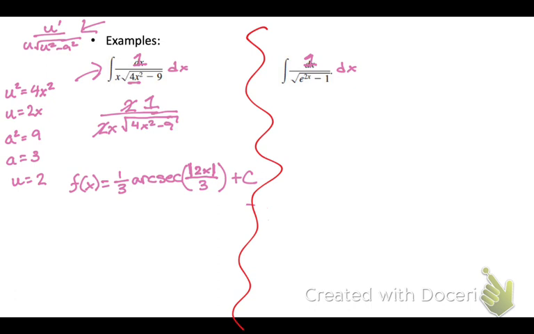Okay, so what does this one look like? Remember, this e to the 2x is the same as e to the x squared, isn't it? Okay, so u would be e to the x.